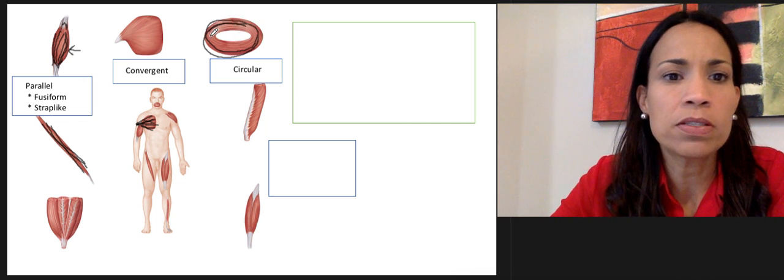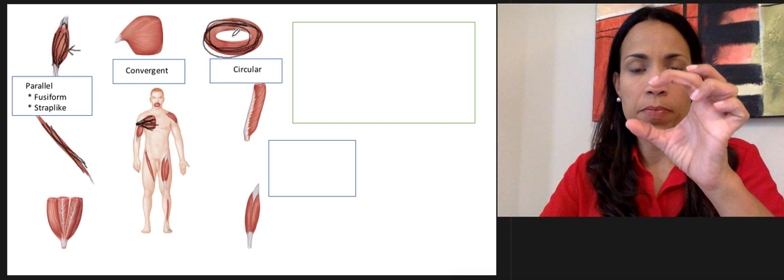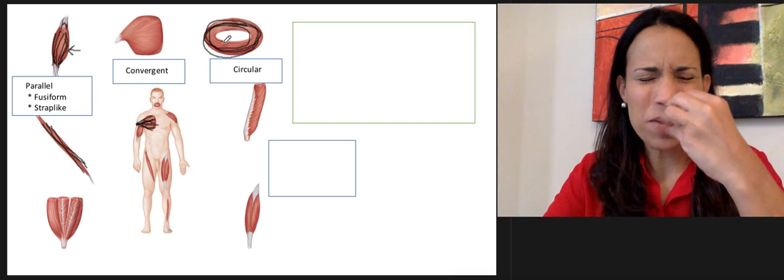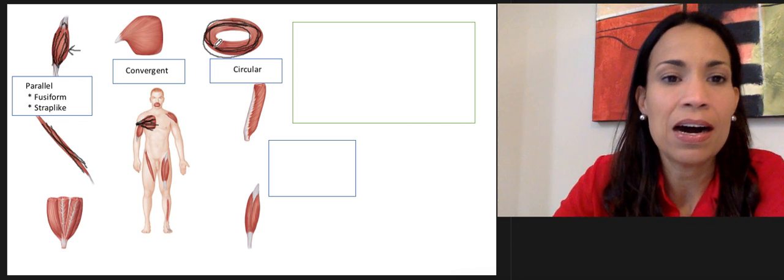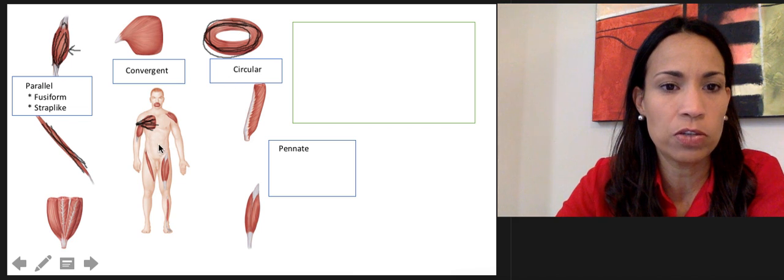So they're ribbons of fascicles located around a body opening. When they contract, they close the opening, and when they relax, they open that opening. Those are the circular type of fascicle arrangement.